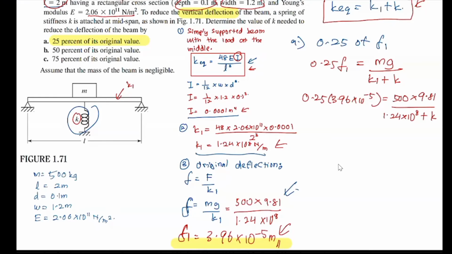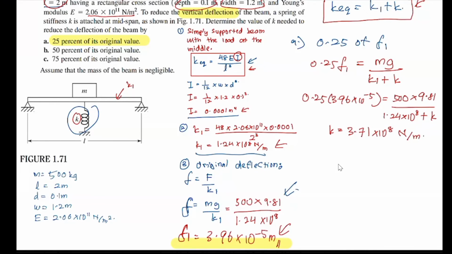If 25% of the original deflection of the beam, and you calculate it, you'll get K to be 3.71 times 10 to the power of 8 Newton per meter.